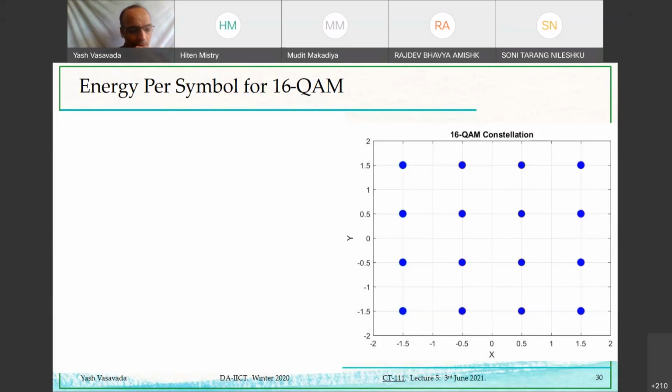Now, suppose somebody is just focused on reducing the energy requirement, then what that engineer can do is draw this diagram, same diagram, except here I have kept the distance between the 2 closest points to be 1 unit.